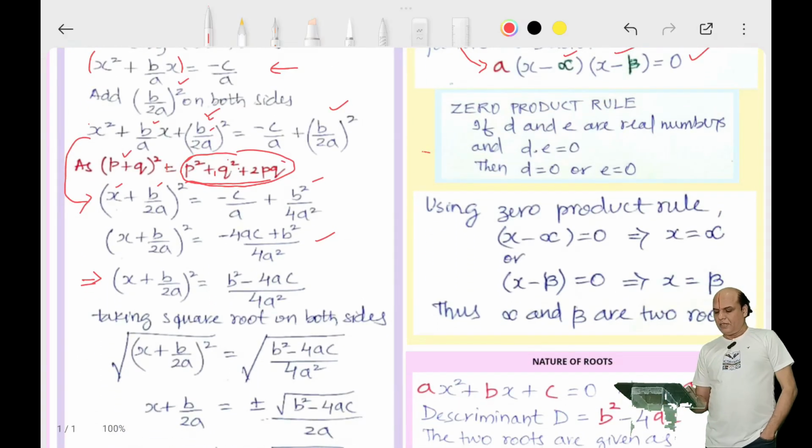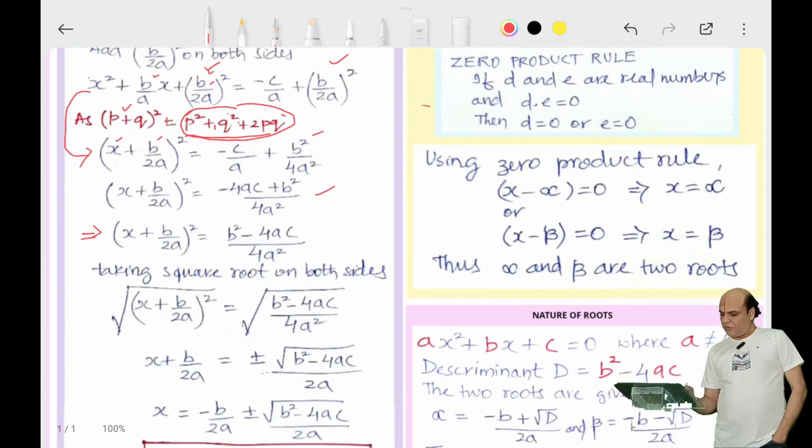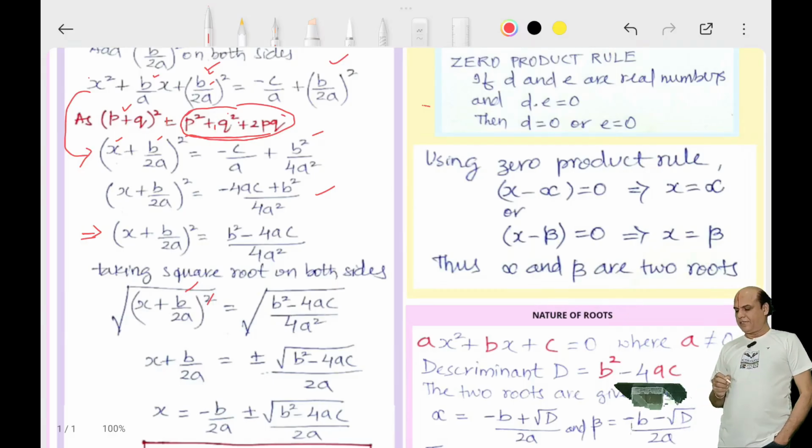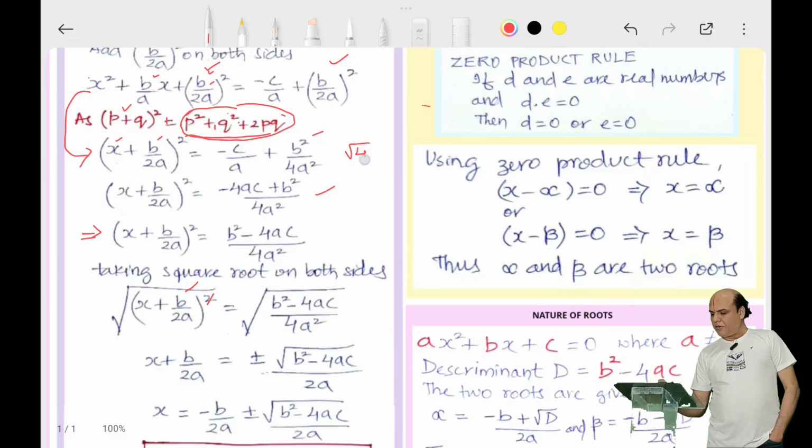Okay. Now if we take the square root on both sides of the equation, the square root of the left hand side is equal to the square root of the right hand side. When you take the square root on the left hand side, the square root and the square get cancelled, so you will end up with x plus b by 2a. On the right hand side, as we have earlier seen, the square root of 4 could be plus or minus 2.